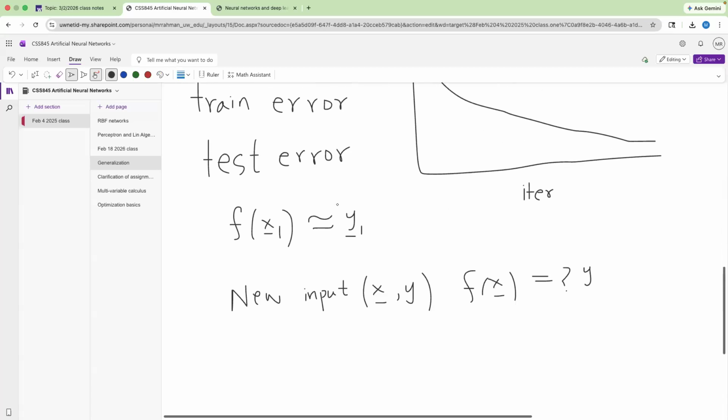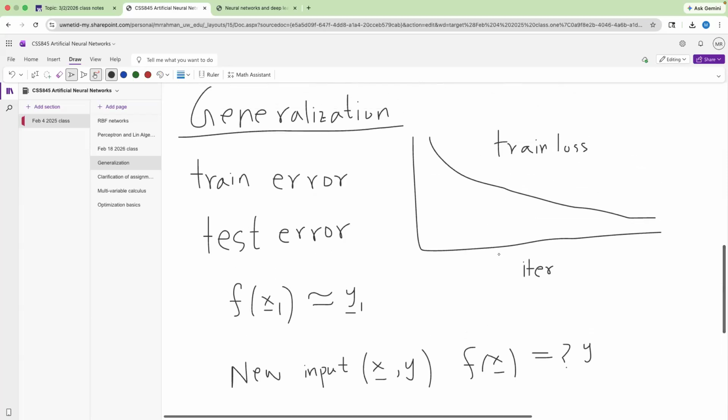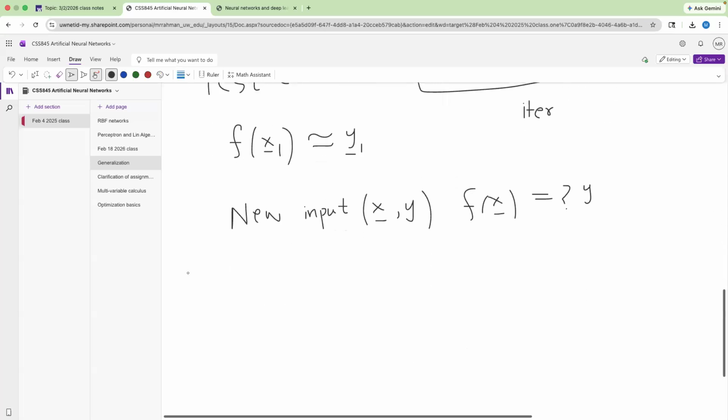If you have a bunch of these test examples and you don't do well, that means you haven't really generalized your network. You might be able to get the training error to go down by using backpropagation and gradient descent, but unless you have good generalization in your system, you may not get good test error. So you might have high test error and low training error, and that would mean you're overfitting and not generalizing well, right?